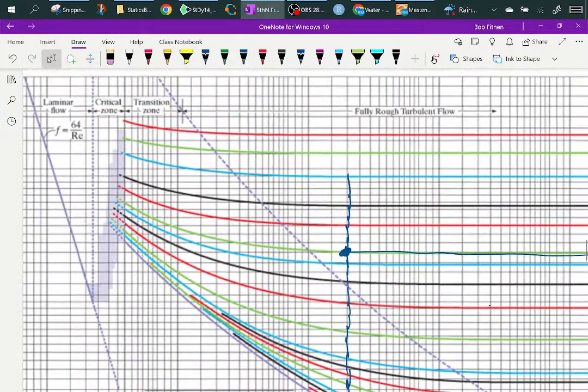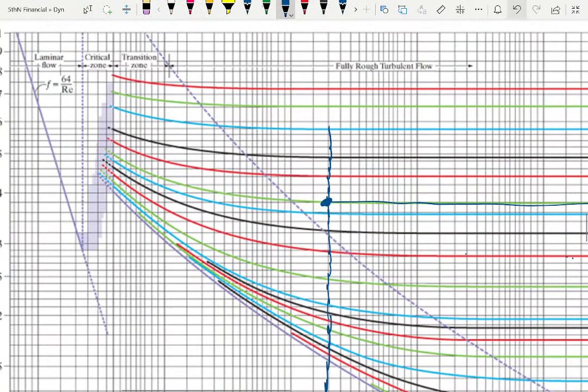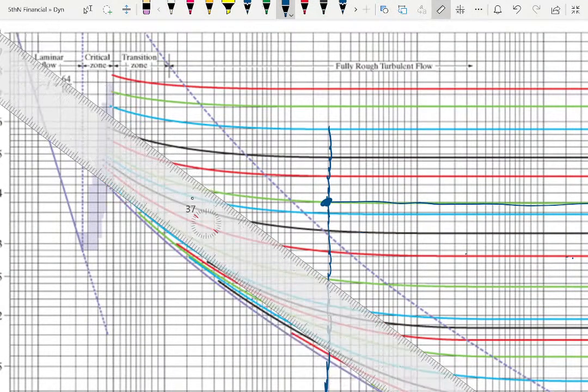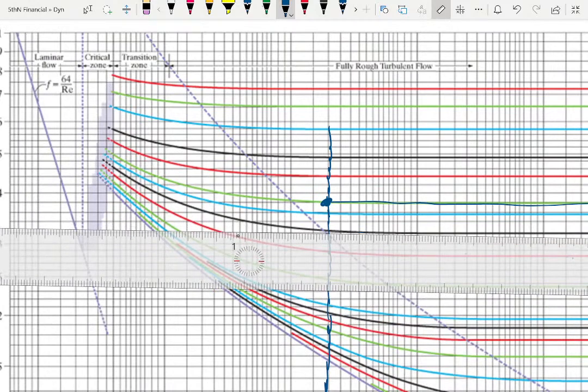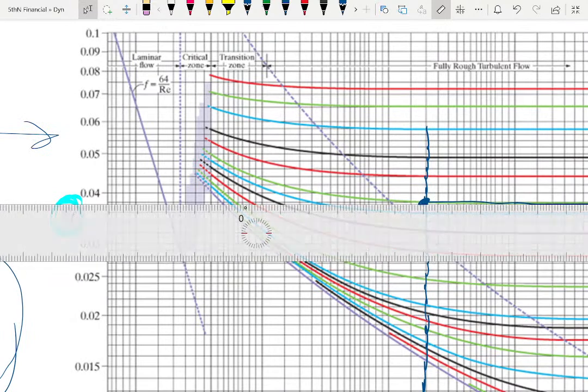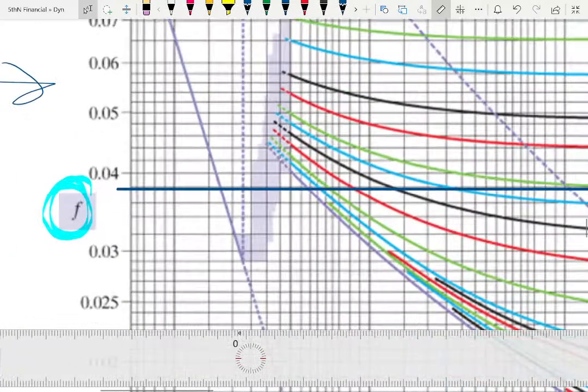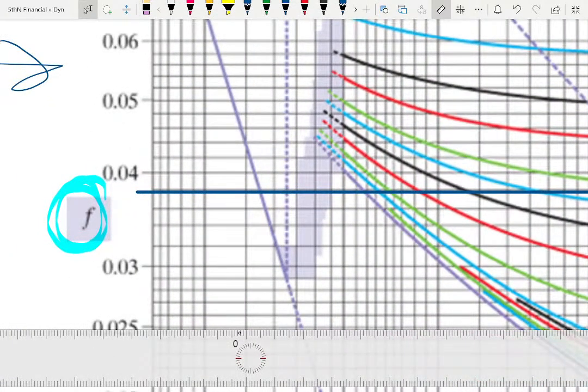So now what I'm supposed to do is find a ruler, make it at 0, and wherever they cross, I draw a line straight across. And you have to be careful because this scale seems like it's logarithmic sometimes.